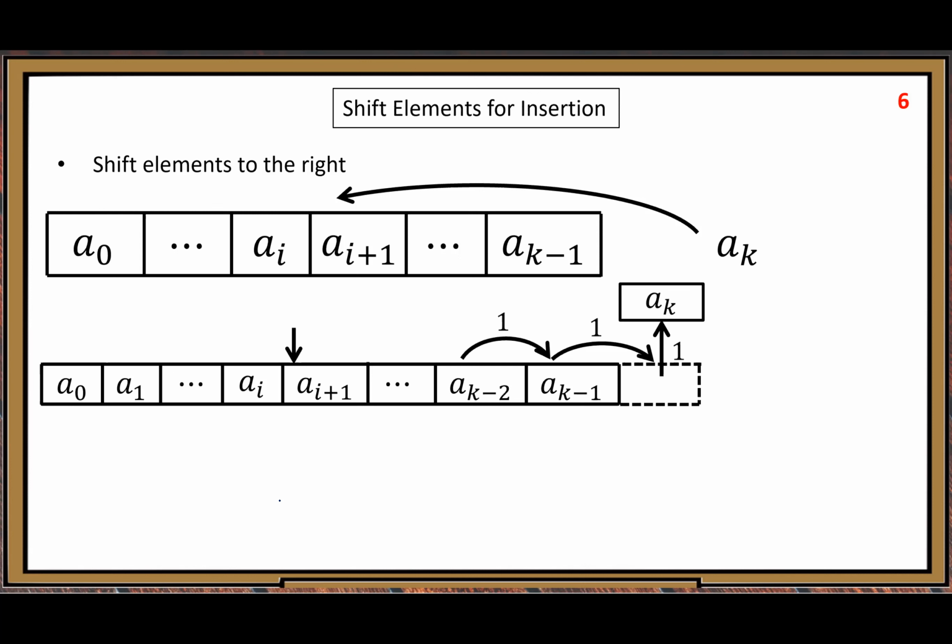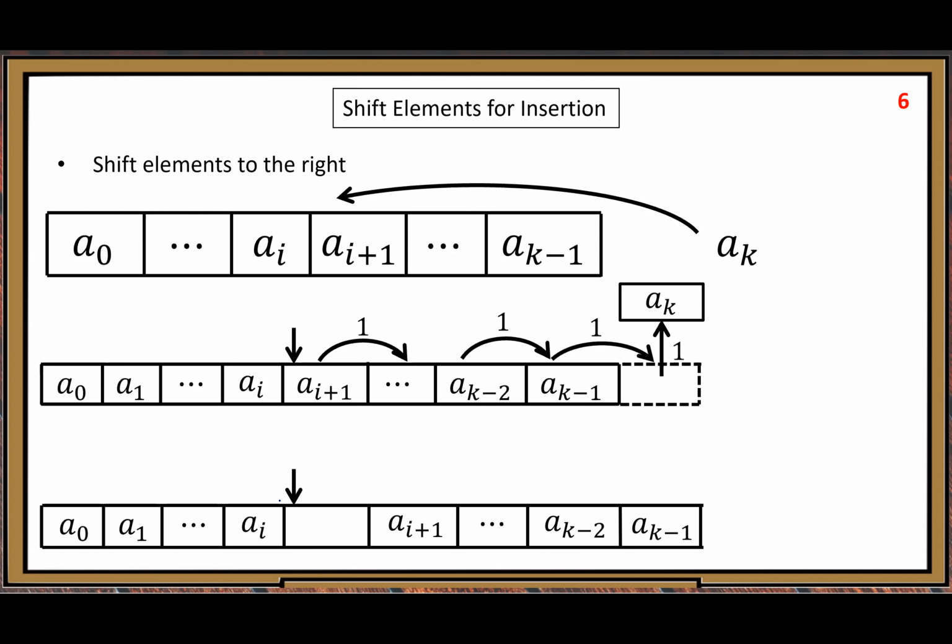Then we compare a sub k with the next element. If it's still less than that one, we shift to its right adjacent location, and so on. But we have to stop somewhere. At some point, a sub k is greater than a sub i, then it stays here.